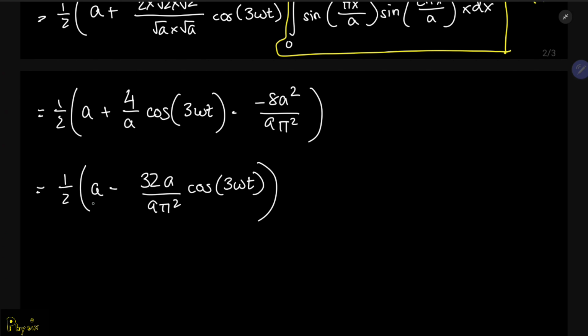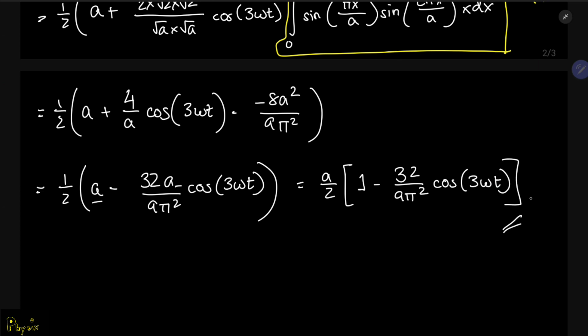And you can, of course, pull out the a from within the parentheses, and you will get that this is a all over 2, 1 minus 32 all over 9 pi squared times the cosine of 3 omega t. And this is your expectation value of x.